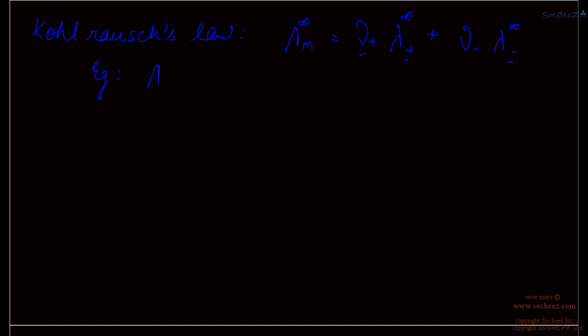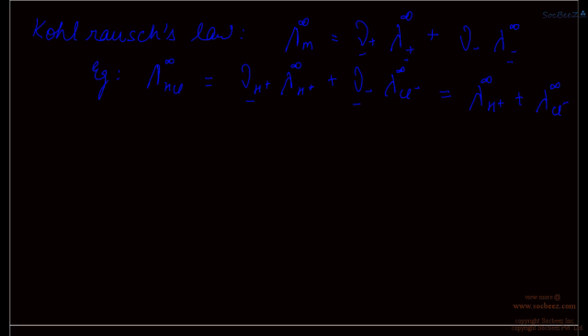Suppose for example, lambda HCl at infinite dilution will be nu of H plus times lambda H plus at infinite dilution plus nu of Cl negative times lambda Cl negative at infinite dilution. Since nu for H plus is 1 and for Cl negative is 1, it comes out to be lambda H plus plus lambda Cl negative.